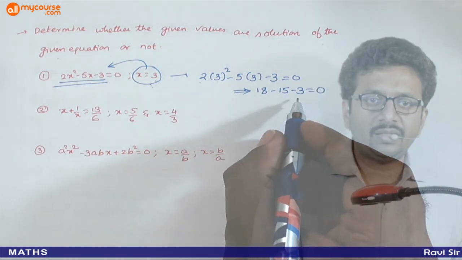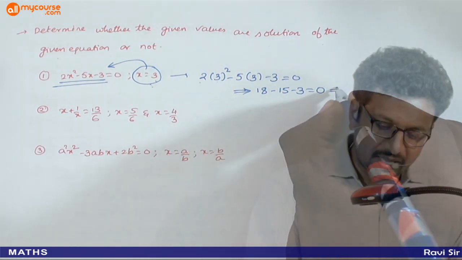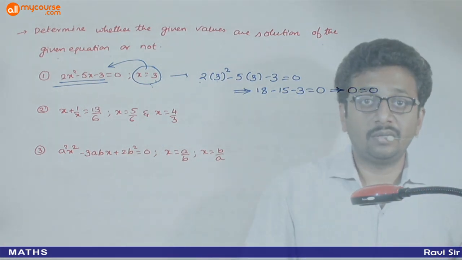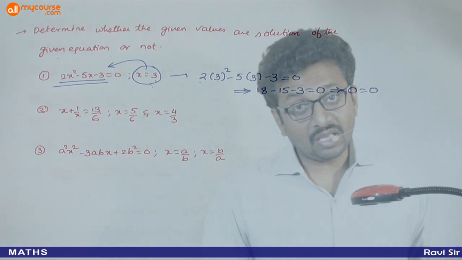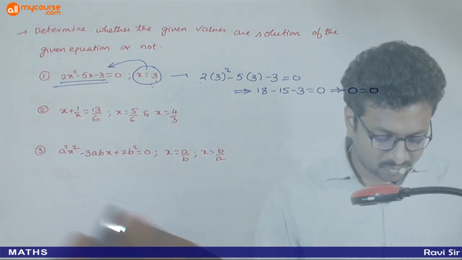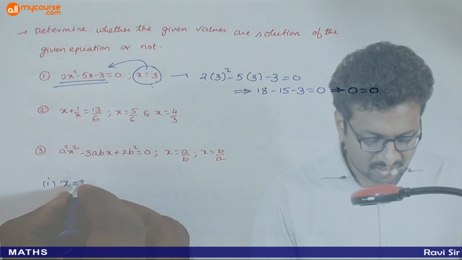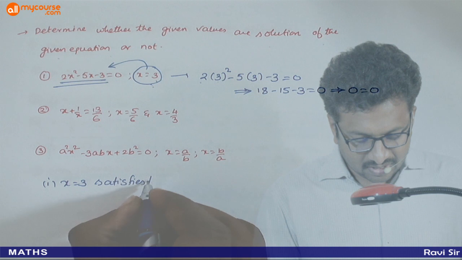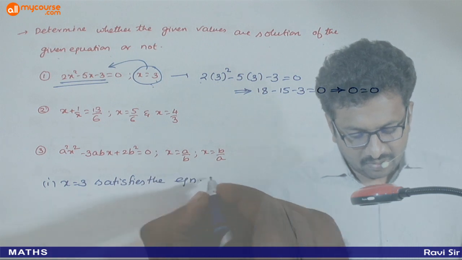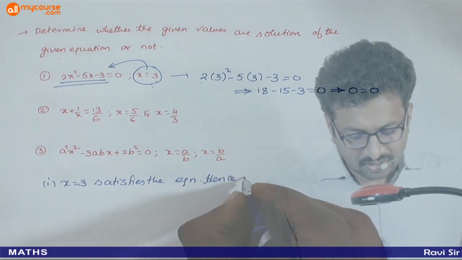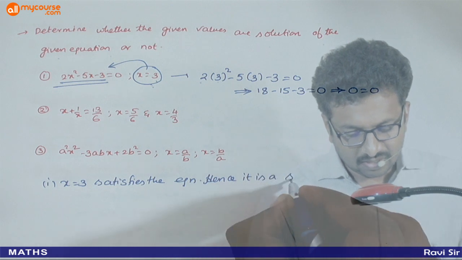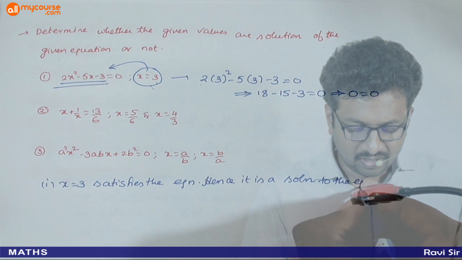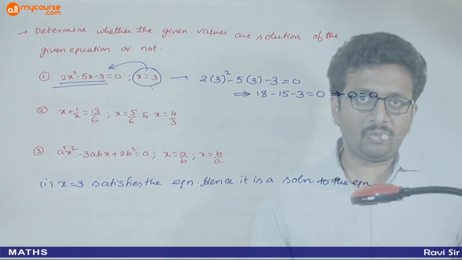So 15 and 3 is 18, 18 minus 18, which implies 0 is equal to 0. That means x is equal to 3 is satisfying this equation. So x is equal to 3 satisfies the equation. Hence, it is a solution to the equation. Clear?